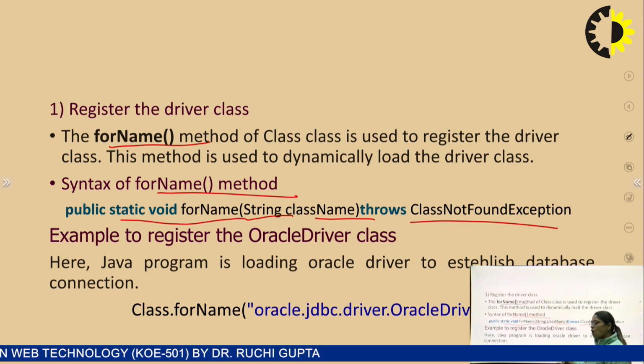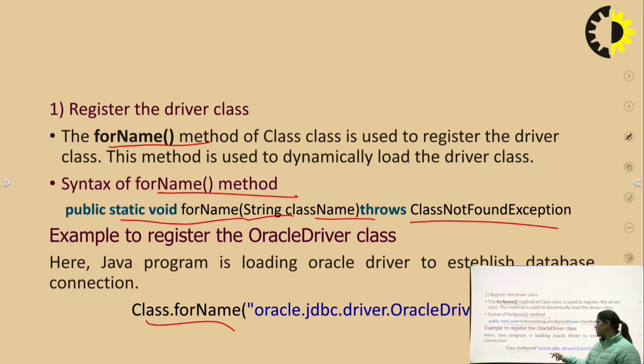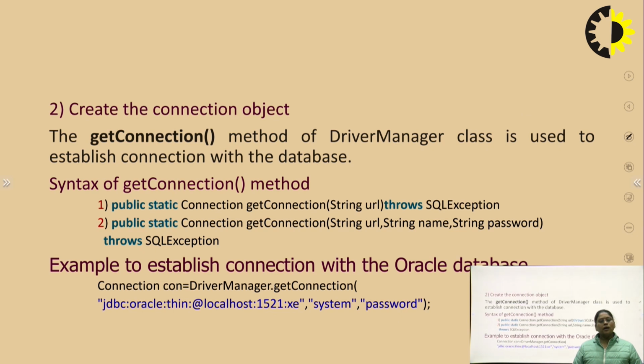How can we write this? Class.forName is a method of this class, and I want to load the Oracle driver, so I write oracle.jdbc.driver.OracleDriver.